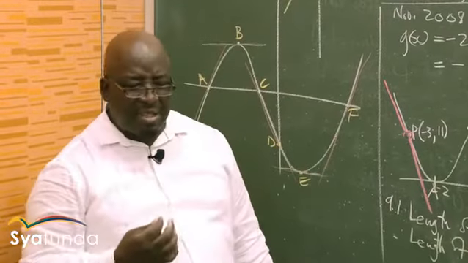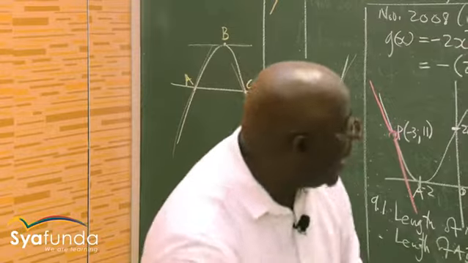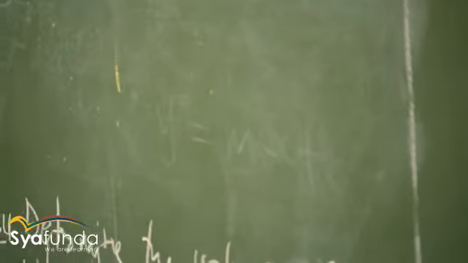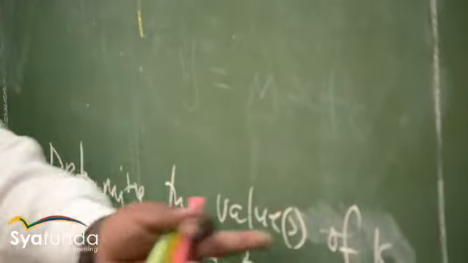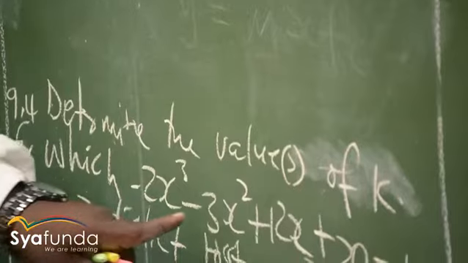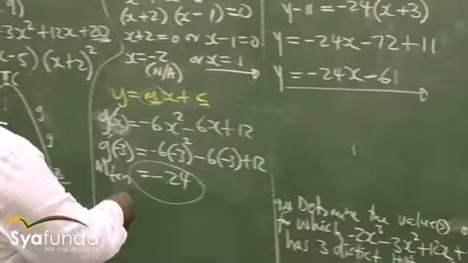I want us to look at the last problem in this section here that I want us to understand as well. This one says, determine the value or values of k for which minus 2x squared minus 3x plus 12x plus 20, which is the same as this graph.